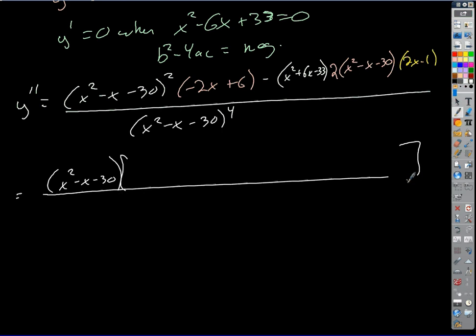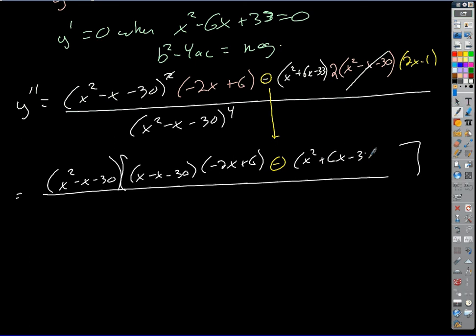From the first term, we're going to get one of those left over, right? If we factor one out, times negative 2x plus 6, minus, so there's our minus sign separating the terms. This one's going to go away completely, right? So we took one of those, that one goes away completely, so then we end up with x squared plus 6x minus 33 times 2x minus 1.